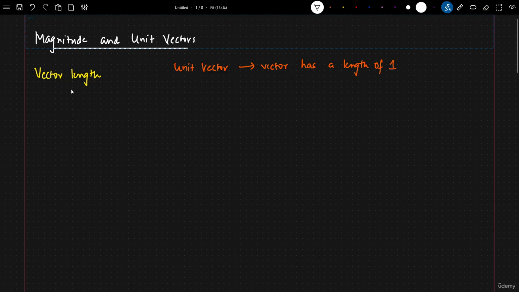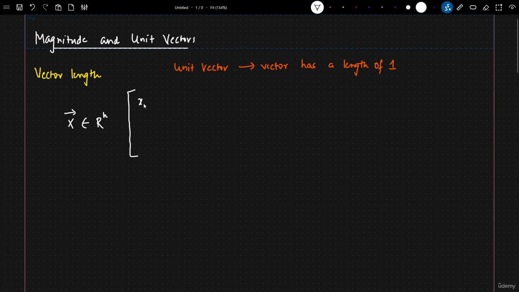First of all, we'll try to understand how we calculate a vector length, okay? Let's consider that I have a vector x, and vectors are usually denoted by this arrow mark. Let's say that it belongs to the real values of n dimension, okay? It can be of any n dimension.